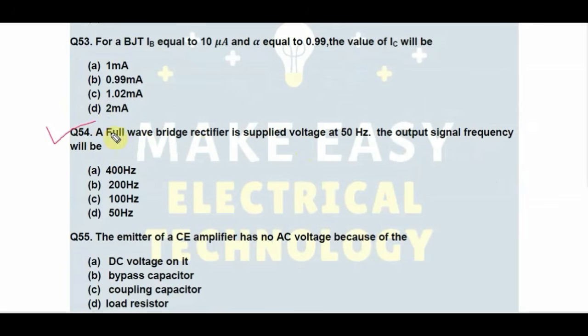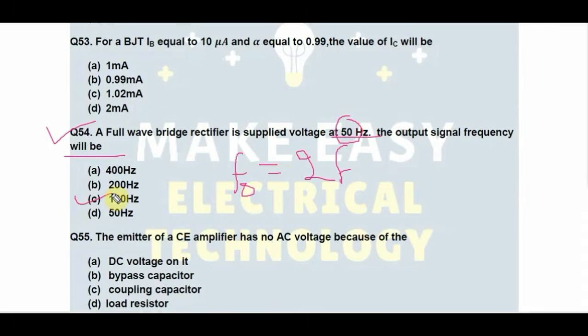Next question, a full wave bridge rectifier is supplied voltage at 50 Hz. The output signal frequency will be, in case of full wave, the output frequency F out is always 2 times the F input. So it is 2 into 50, that equals 100 Hz.